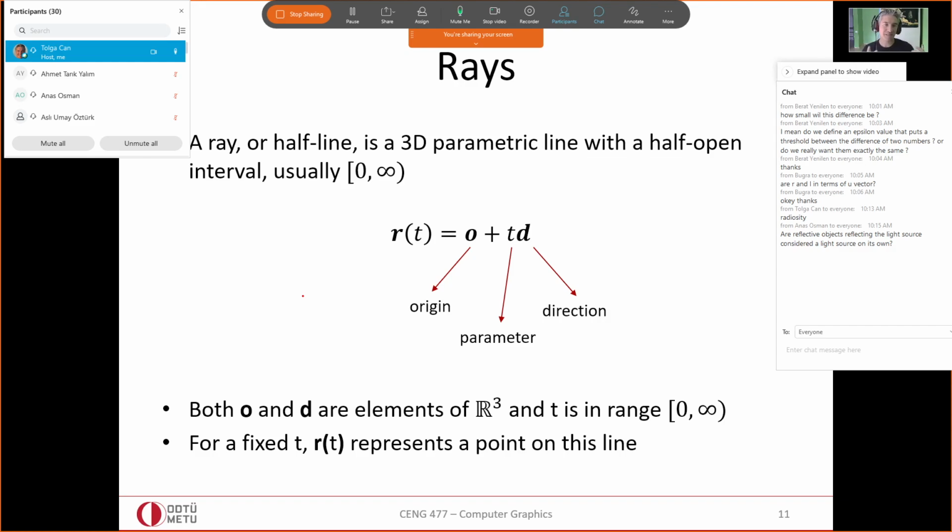What I'm saying is that the light rays reflected to the image plane will be our focus. We will be using them to say that this reflective object gets some light from the other object, and it's reflected as is to us. But we will not treat them as light sources, although they can be.